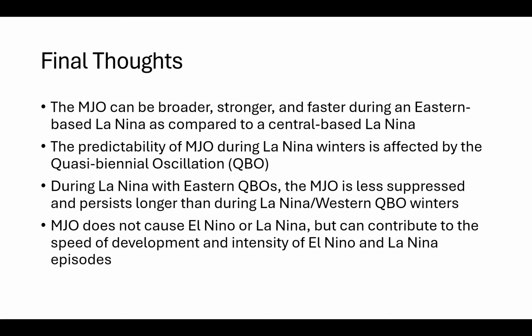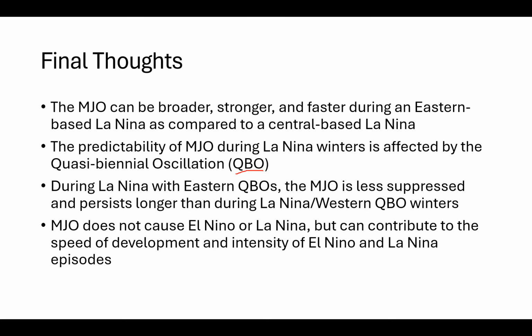Now, the predictability of MJO during La Nina winters is affected by the QBO. Quasi-biennial oscillation. What in the world is the QBO? Well, the QBO is a reversal of winds, generally the winds in the stratosphere, the second layer of the atmosphere, above the equatorial areas, above the tropics. And it's a well-known reversal of winds.